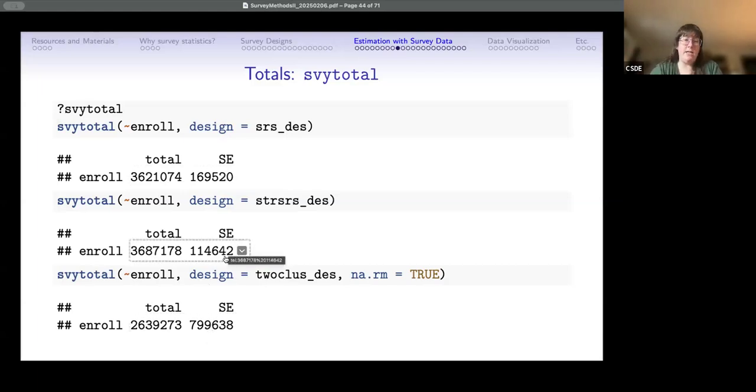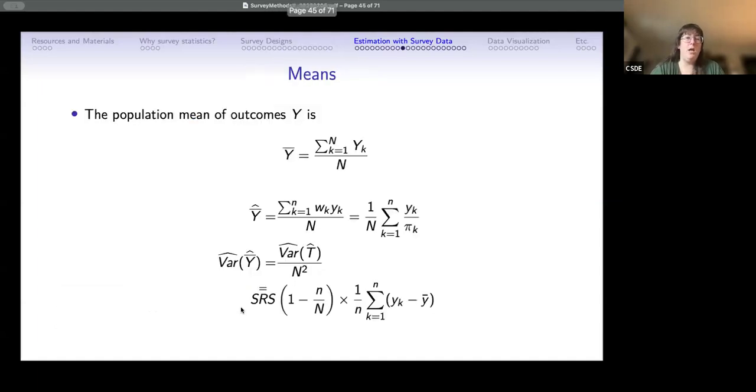And the stratified standard error is quite a bit smaller than the simple random sample, which we would expect because enrollment should be related to the strata used for the sample, which is school type. Enrollment size is different for elementary, middle, and high school. So we're going to see that precision gain that we talked about for conducting a stratified simple random sample instead of just a simple random sample.